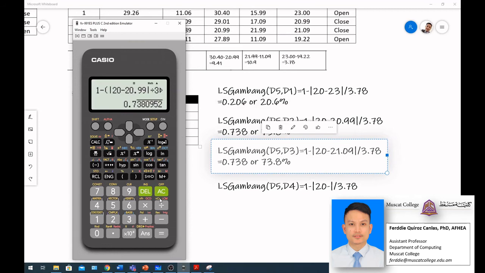It's 0.71, I think. Okay, let me see. 1 minus close parenthesis shift abs 20 minus 21.09 close parenthesis out, divided by 3.78. 0.711.